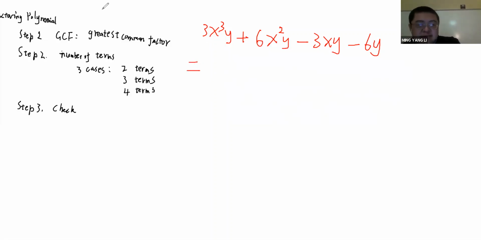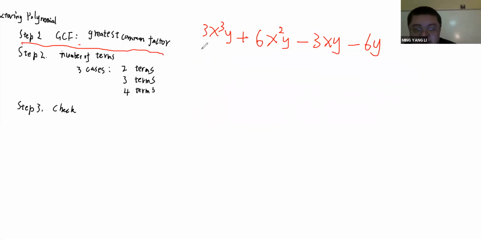So first step, we need to check the greatest common factor. To check it, we just see what the factors are for each term. Before we write it equal to anything, let's check these terms one by one.